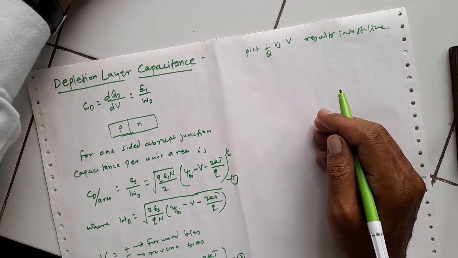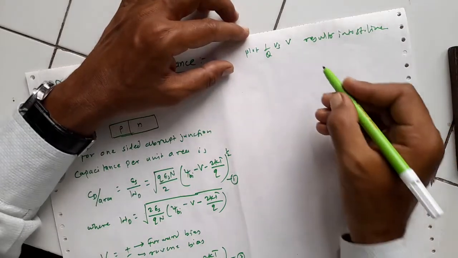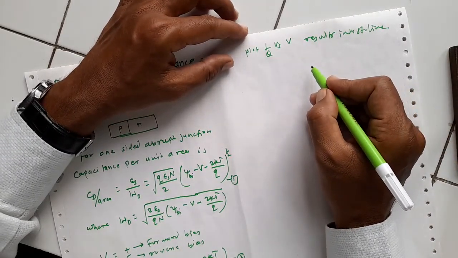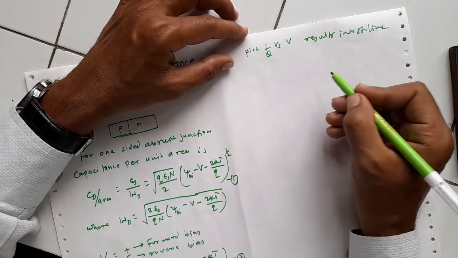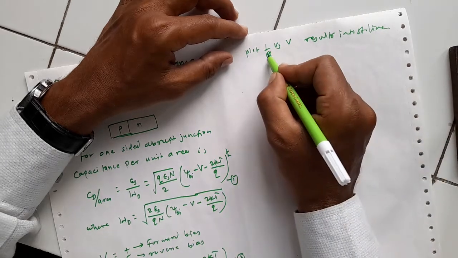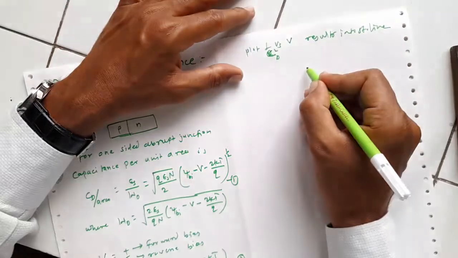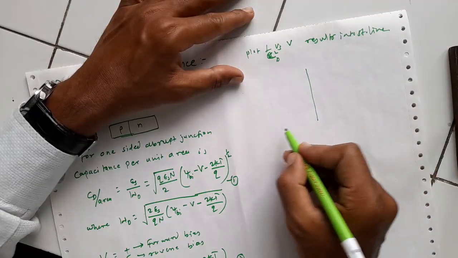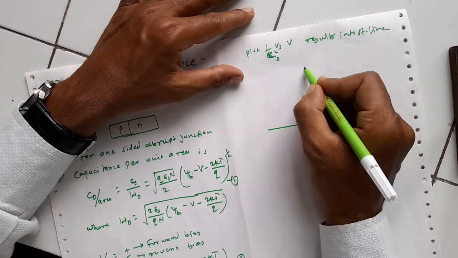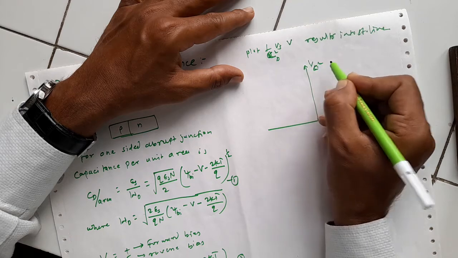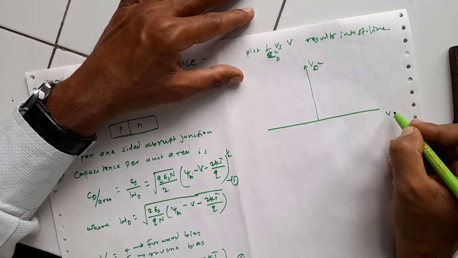And how it is, okay, if I just try to plot 1 by C squared, sorry, 1 by C_d squared, versus phi from this diagram. So I just try to plot the graph of 1 by C squared versus phi.